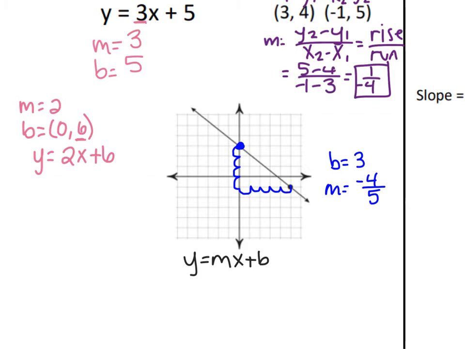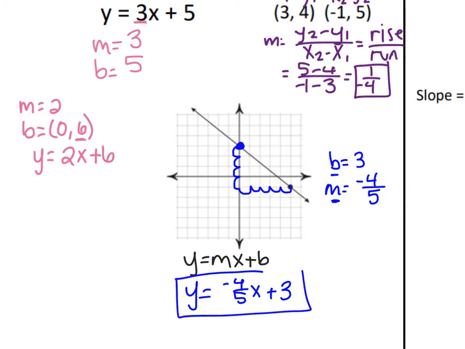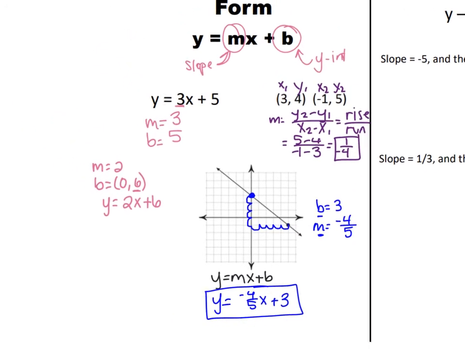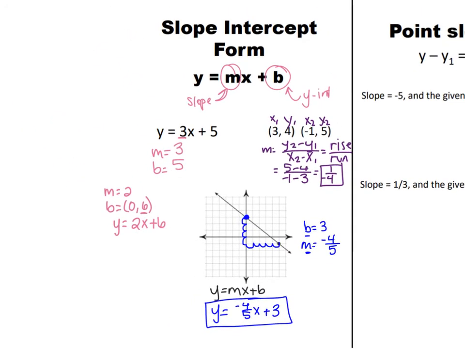Okay? Writing our equation for that, you're just going to plug in, like we did before, your m and your b. So y equals negative 4/5 x plus 3. Okay? So if we wanted to look at these, they're all in slope-intercept form. These are 3 different ways that you can kind of put them into slope-intercept, take the information out.